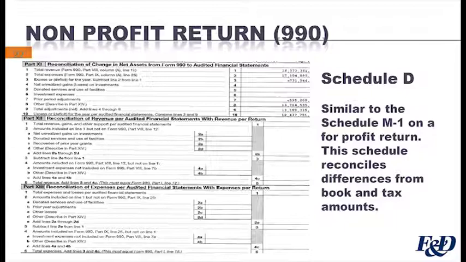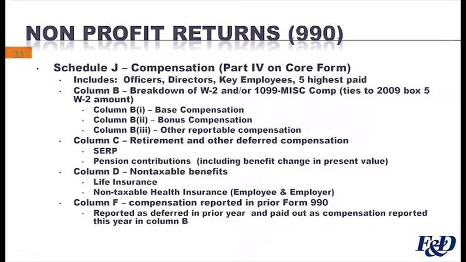In this particular example, parts 12 and 13 have no numbers filled in. They just so happen to be no differences. Up top, on part 11, there's a reconciliation of the change in net assets from the financial statements to the 990. Here you can see on line 4, unrealized gains or losses would be reported. In this particular example, there are none.